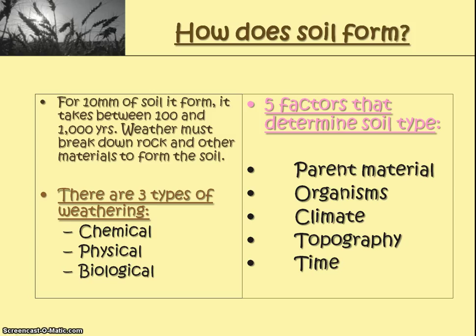The parent material that makes that soil, whether it be sedimentary rock or igneous rock; the organisms found in that soil, worms or other microbes, bacteria; the climate in the area, is it more arid, is it more tropical; the topography, mountains, plains; and then the time of year, obviously the position of the earth and the tilt in relation to the sun. Is it spring? Is it summer? That's all going to tie into the types of soil that can be formed.